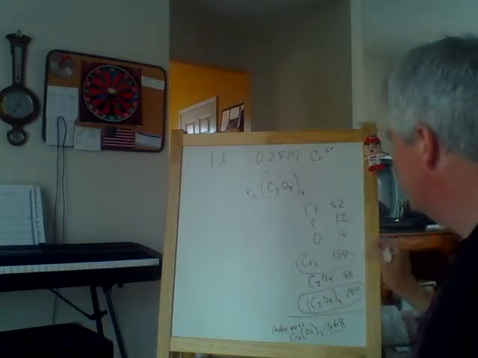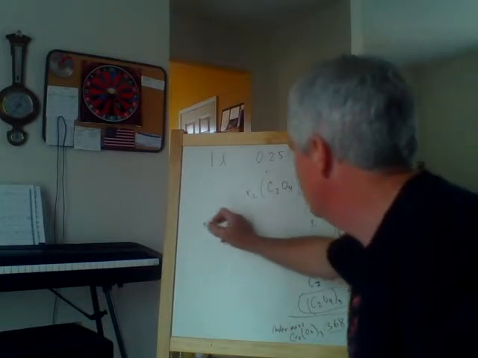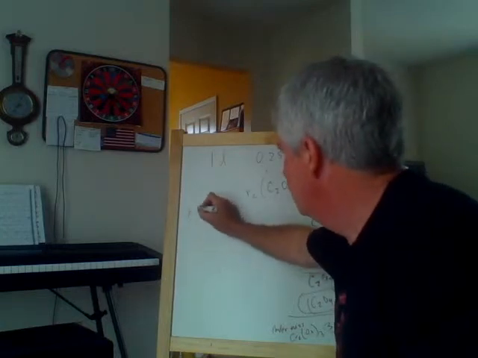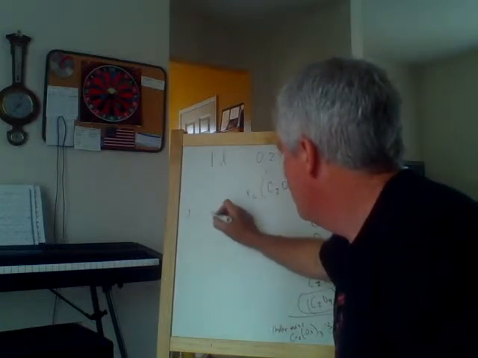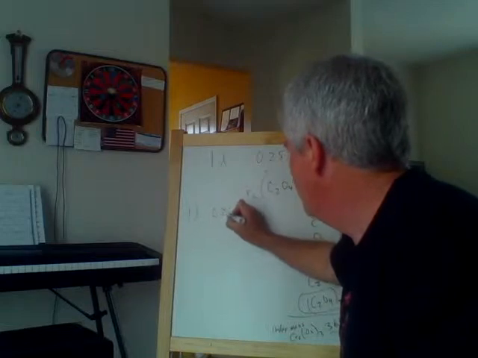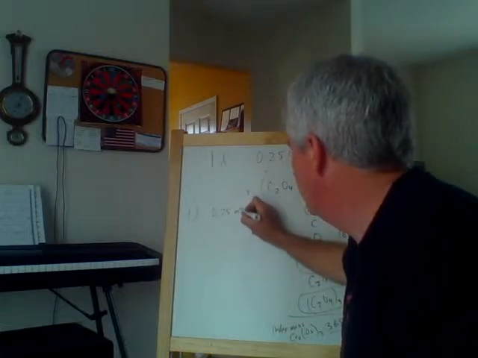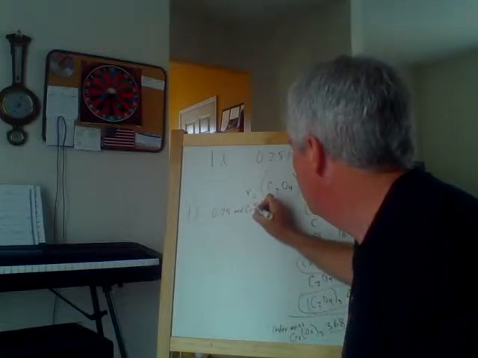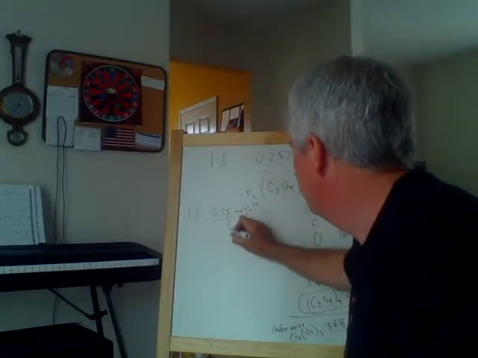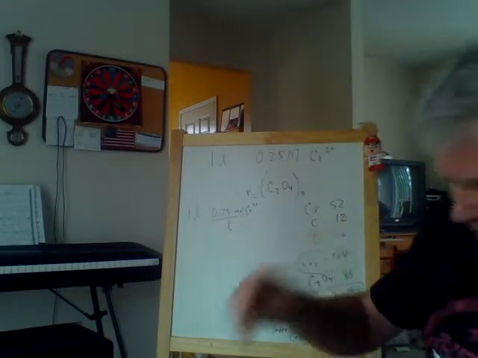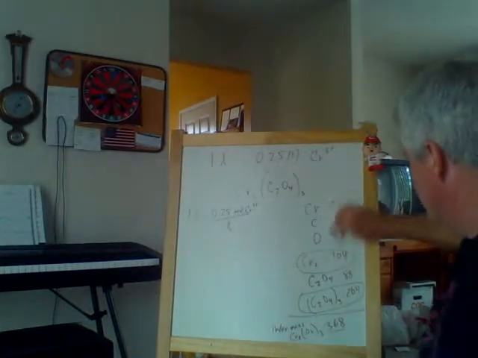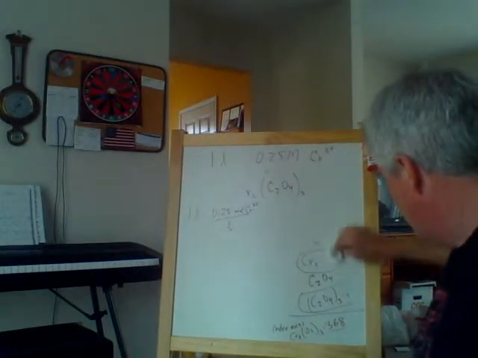All right. So now let's go back to our equation. We want 1 liter of solution, and we want 0.25 moles of chromium per liter. Okay, that's what our request was. Let me get rid of the math now here.